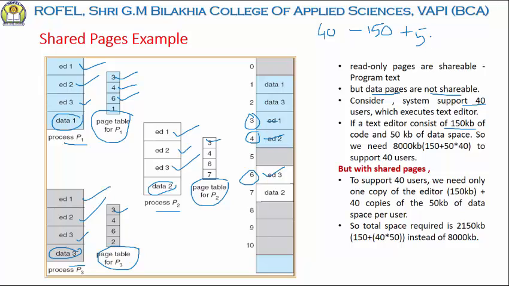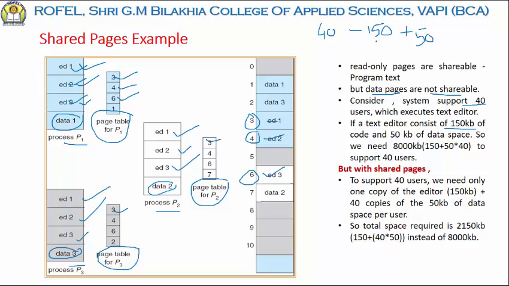So process 1 needs 200 KB, process 2 needs 200 KB and process 3 also needs 200 KB. 50 for editor 1, 50 for editor 2, 50 for editor 3, that is 150 KB for common and 50 KB for private data, that is shareable data and that is private data.